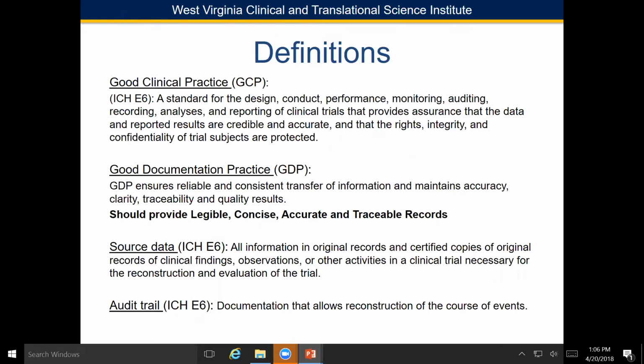What's important to keep in mind is that once the trial is completed, even though all of the study conduct may have gone on without any hitch and very successfully, the source data and the data that is kept to show the trial conduct is as important as the actual steps taken during the trial conduct. The audit trail is a documentation that allows reconstruction of the course of events.